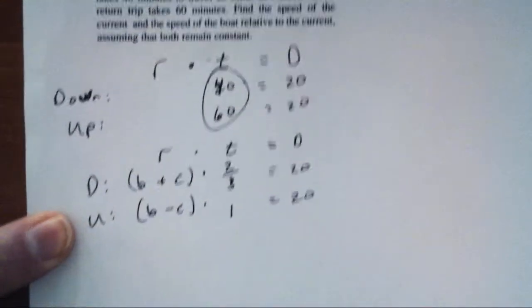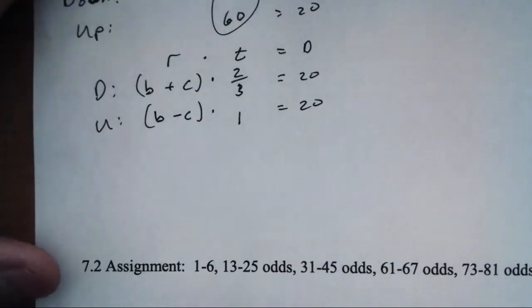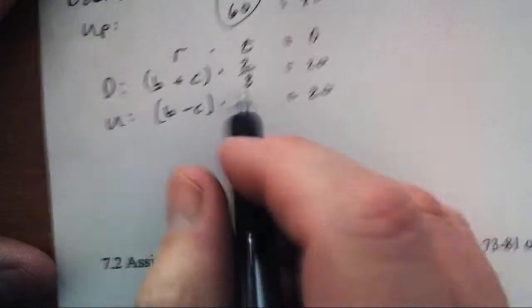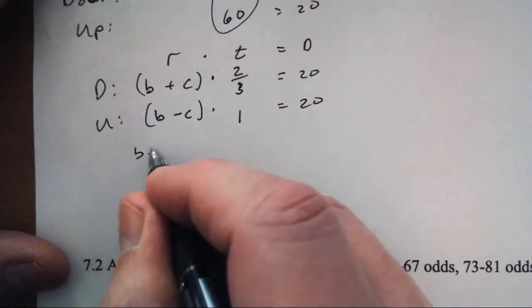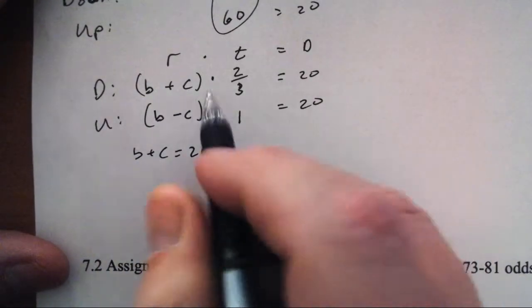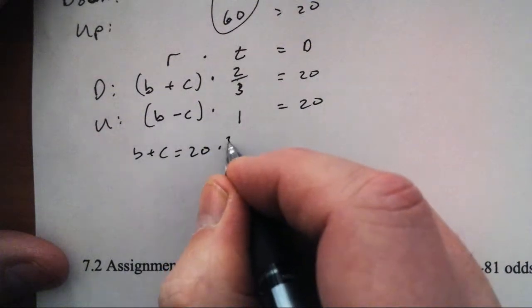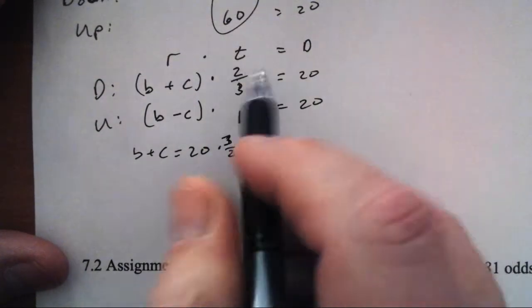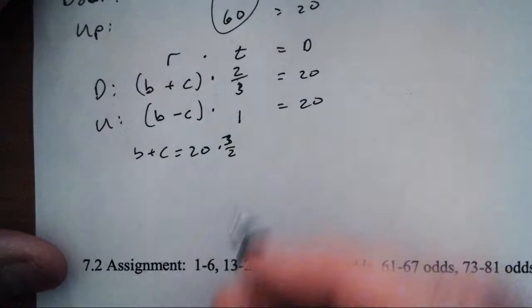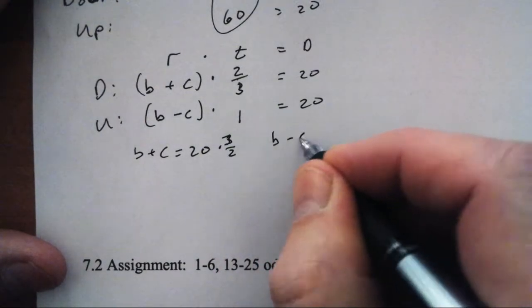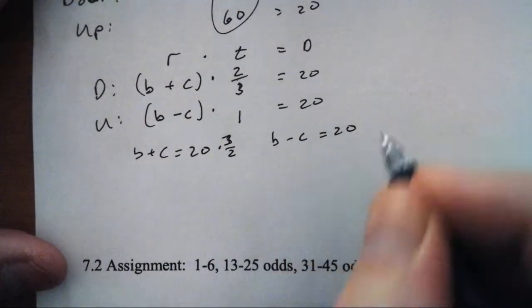rate. So now, this first equation, I'm going to go ahead and go B plus C equals 20. I'm going to multiply by 3 on 2 to cancel 2/3. And my second equation is just B minus C times 1 equals 20.